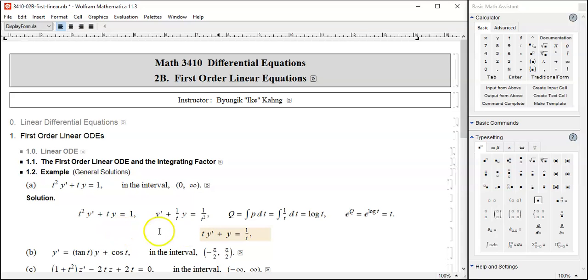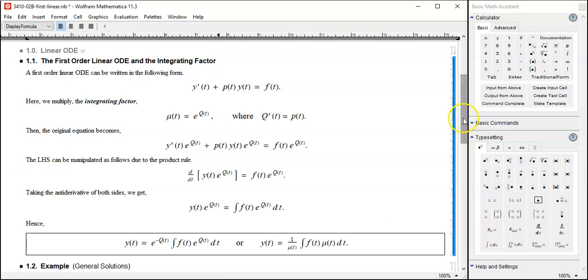Okay, now let's combine the left-hand side into a single derivative. t times y, and then the right-hand side is 1 over t, of course. By the way, experienced students will skip this step and go to this directly. Why? Let's go back to this derivation in general.